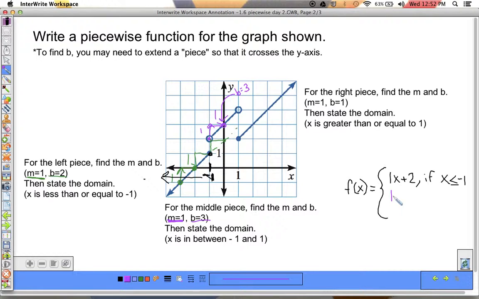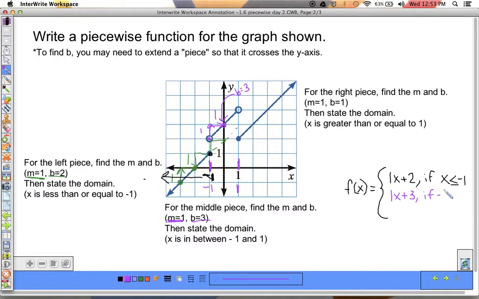So I've got 1x plus 3 if, now notice that one starts and stops. It has a starting dot and a stopping dot. So you're going to figure out both of those numbers. The first number would be -1, and the second number would be +1.